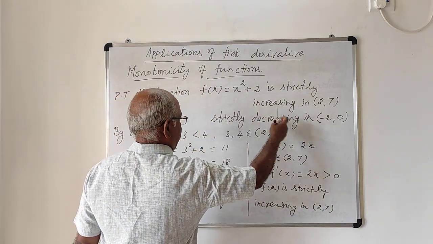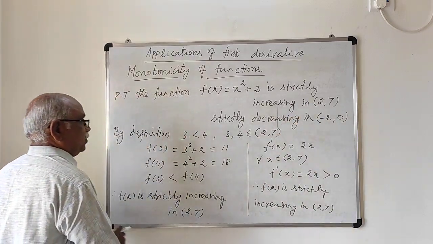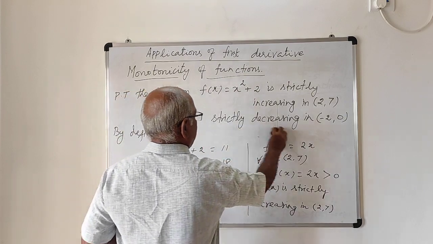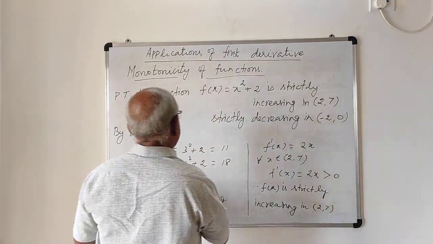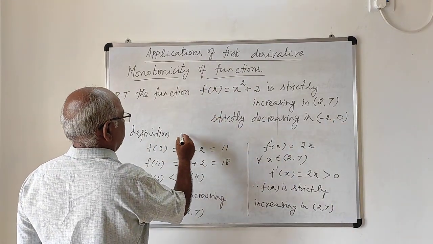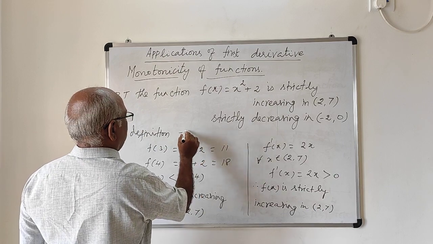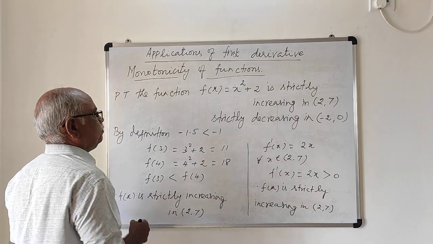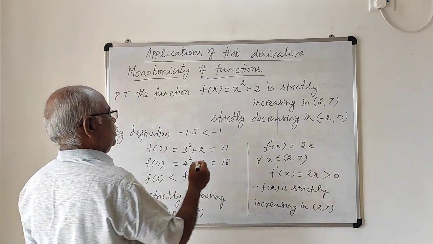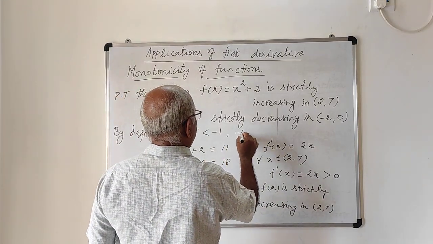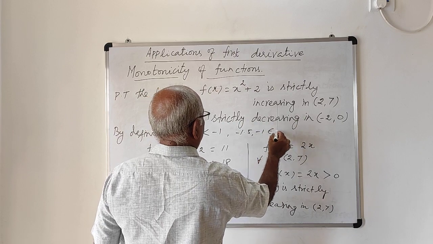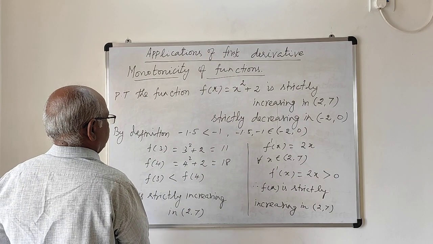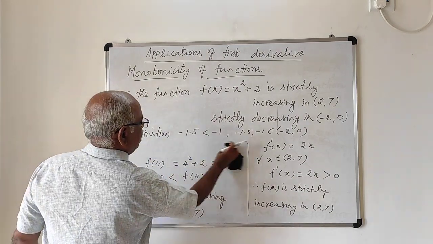testing the monotonicity, that is decreasing value of the function, in the interval minus 2, 0. By definition, we will consider 2 points in the interval minus 2, 0. I will consider minus 1.5, which is less than minus 1, where minus 1.5 and minus 1 belong to the interval minus 2, 0.